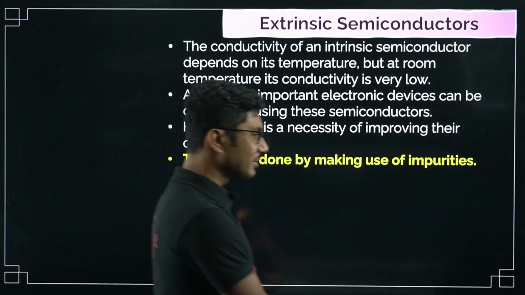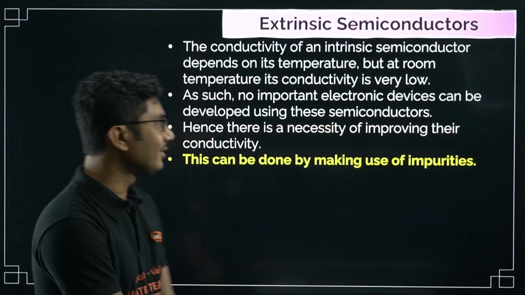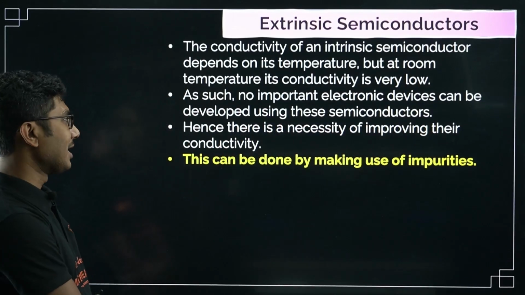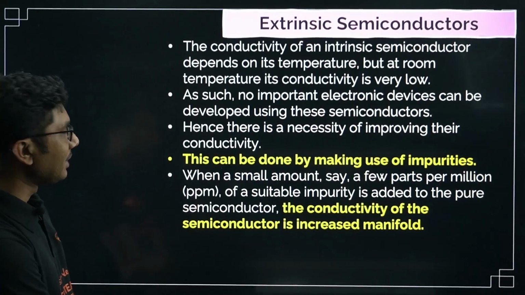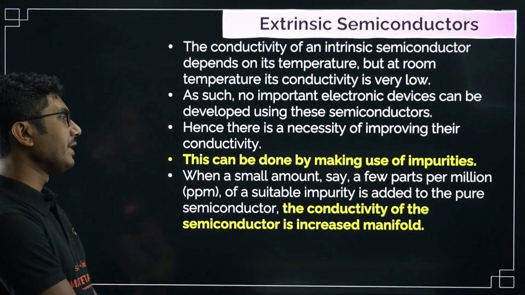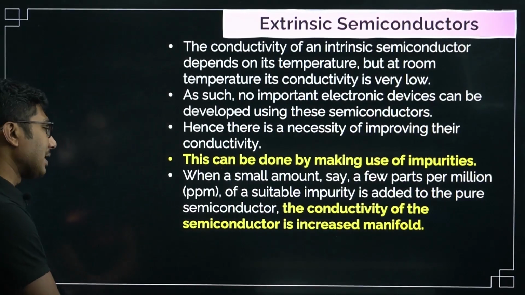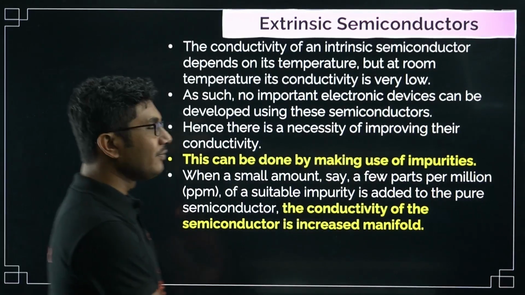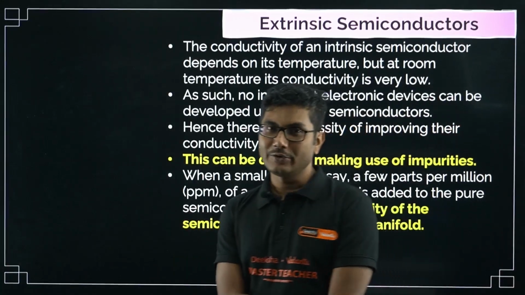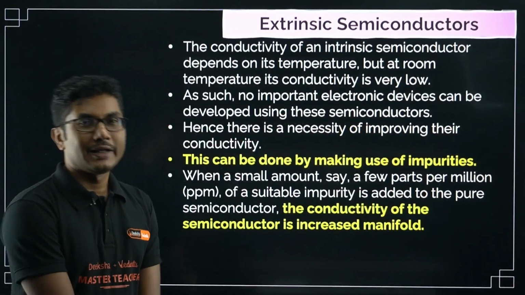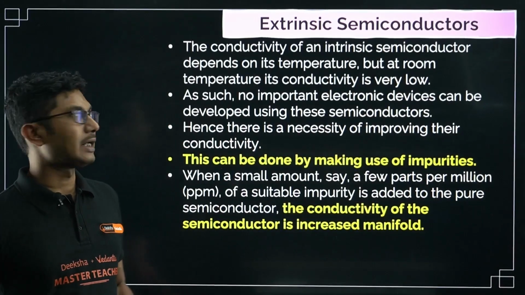If you put some impurity in the crystal, then definitely it will improve its conductivity. When a small amount, say a few parts per million, of a suitable impurity is added to the pure semiconductor, the conductivity of the semiconductor is increased manyfold. That means it becomes a better conductor.